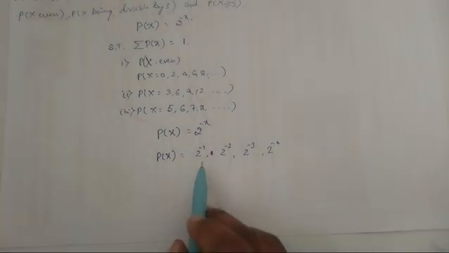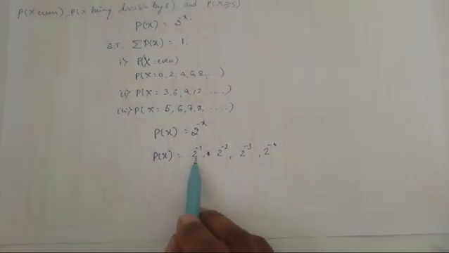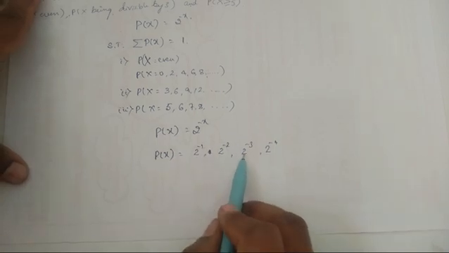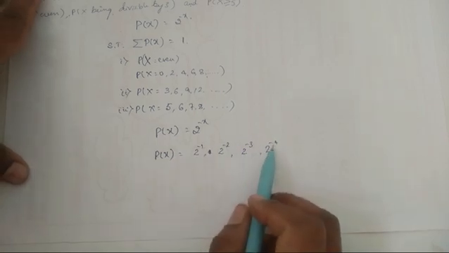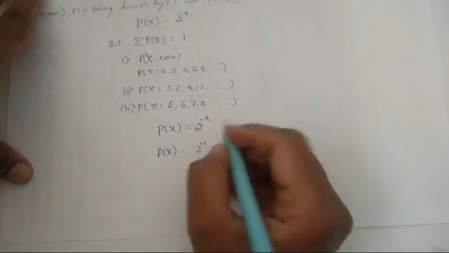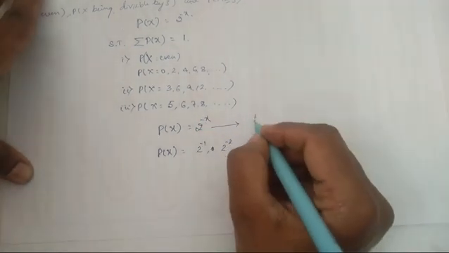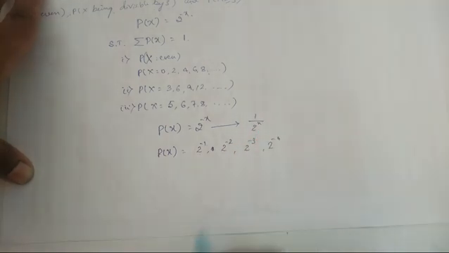At x equal to 1, p of x is 2 power minus 1; at x equal to 2 it becomes 2 power minus 2, right? Let me rewrite 2 power minus x as 1 by 2 power x.